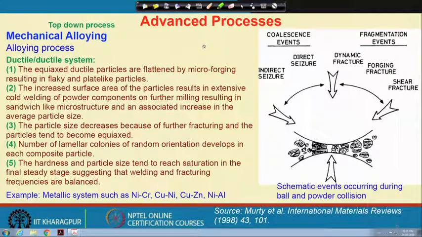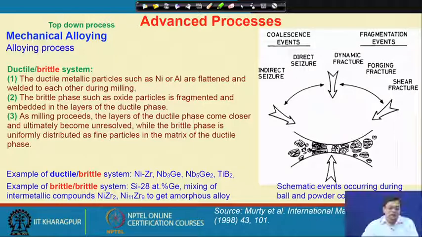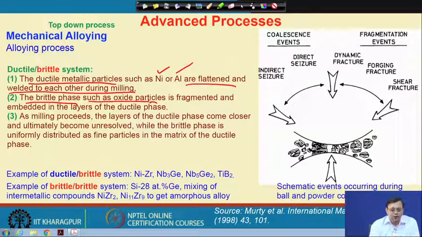However, the mechanism may alter when we consider a ductile-brittle system, meaning one of the initial particles is very hard and the other is relatively soft. In that case the ductile particle like nickel or aluminum, which is an FCC structure and very ductile, is flattened and welded to each other during milling, whereas the brittle phase like zirconium, or it can be an oxide particle, is fragmented and embedded in the layers of the ductile phase.